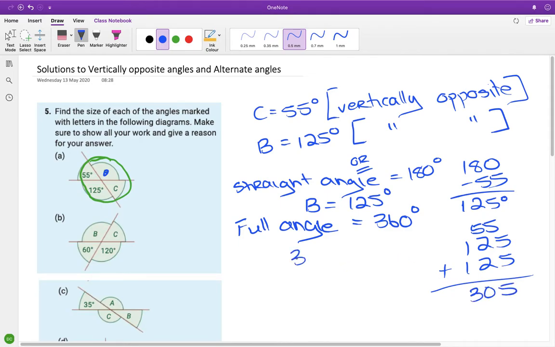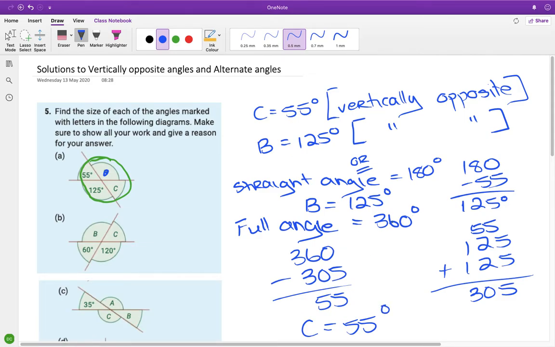And then if you do 360 minus 305, we get 55. So C is 55. Okay, so I got the same answers.